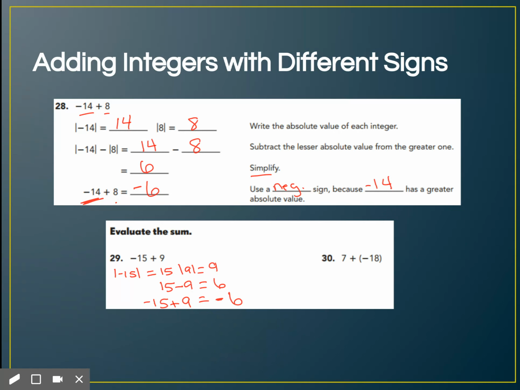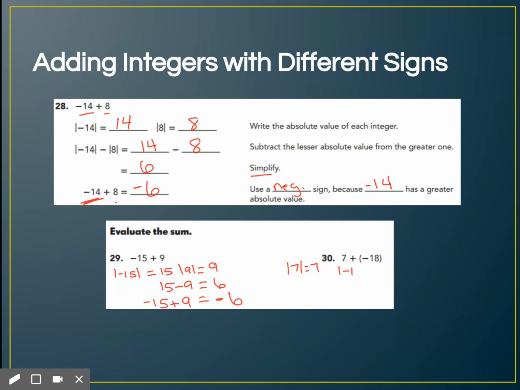Number 30 here. First, I'm going to do the absolute value of 7. Is 7.